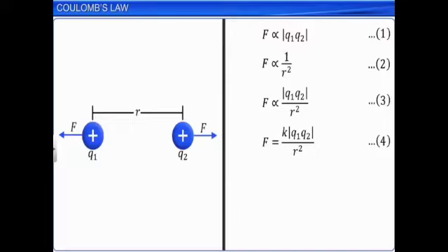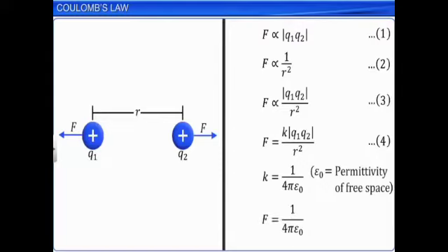If the charges are separated in free space, that is, air or vacuum, the value of the constant k is equal to 1 by 4 pi epsilon naught, where epsilon naught is called permittivity of free space. Thus, the electrostatic force F is equal to 1 by 4 pi epsilon naught q1 q2 by r square.